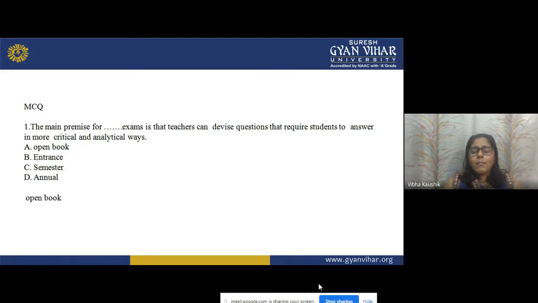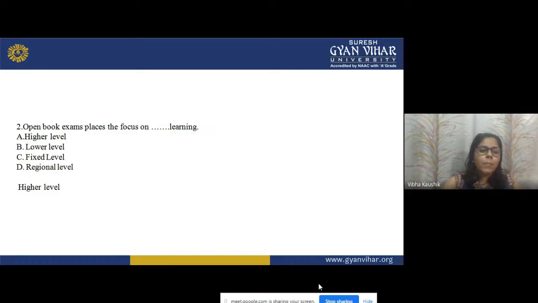Which is the examination system that gives the opportunity to teachers to frame questions in such a way that they involve critical or analytic thinking of the students? The options are A, open book; B, entrance; C, semester; or D, annual. So the correct answer is option A, that is open book exam.